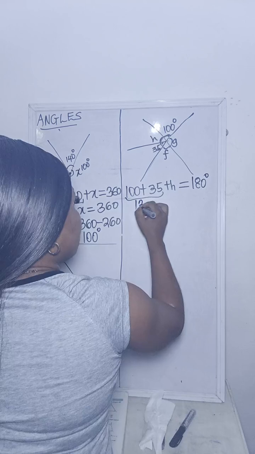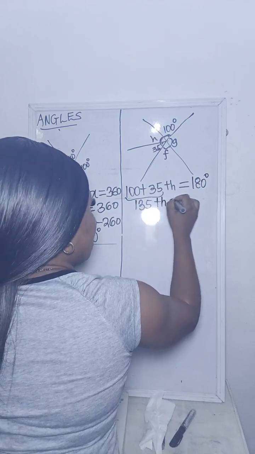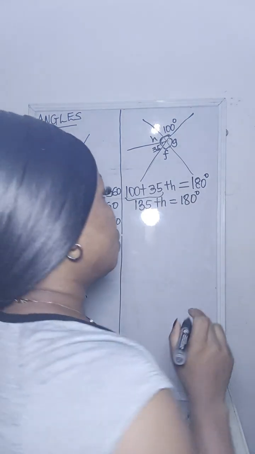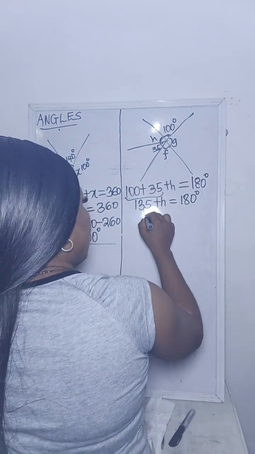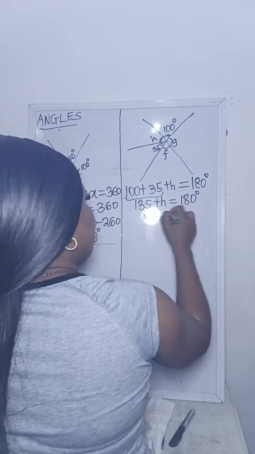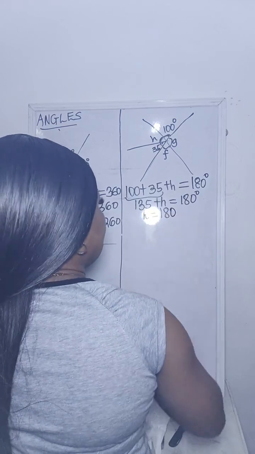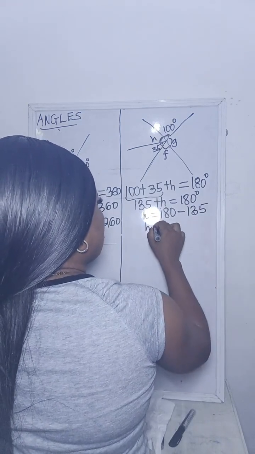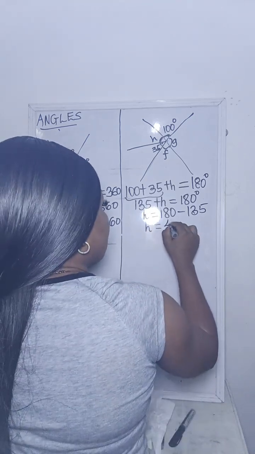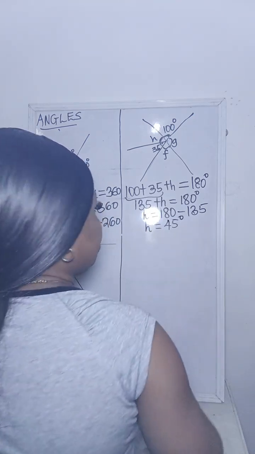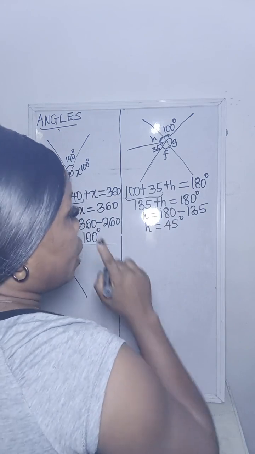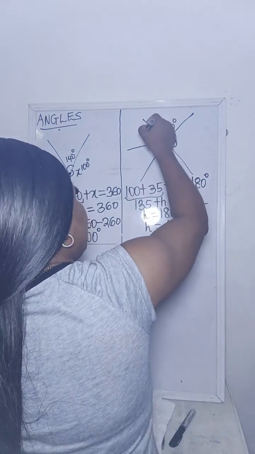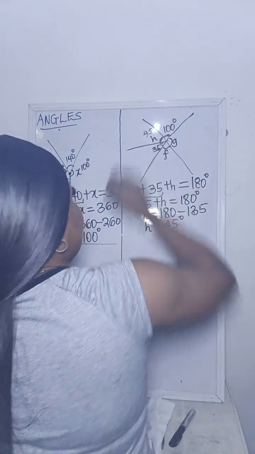This will be 135 plus H equals 180 degrees. We are to solve for H, so we take this over to the other side. It becomes 180 minus 135. When we subtract this, we get 45 degrees. So our H is 45.